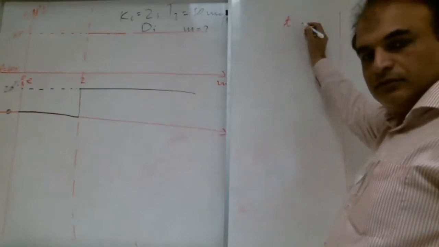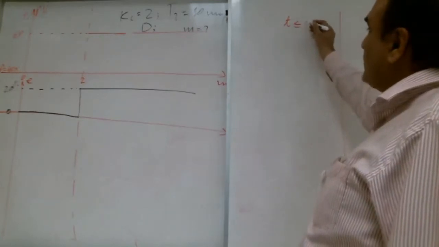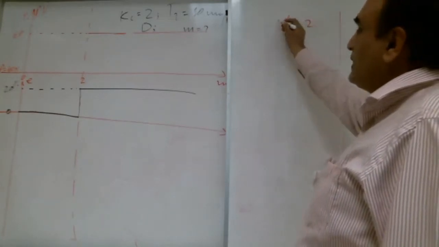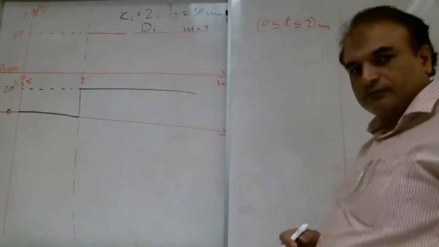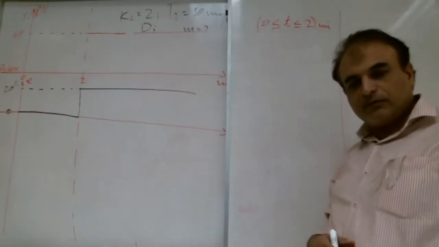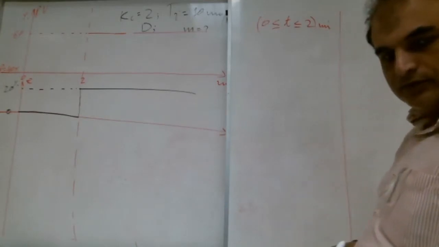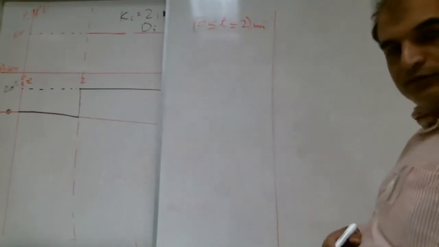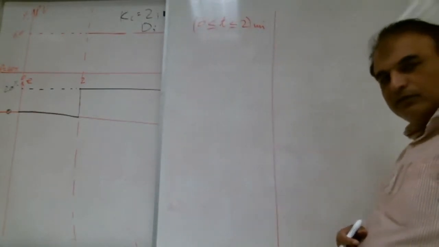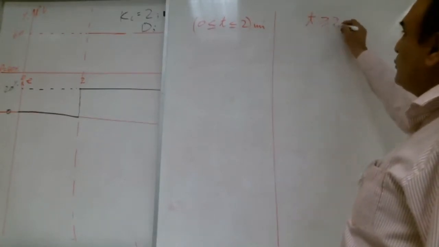Greater than or equal to 0 and less than or equal to 2 minutes. You are with me? And the second part is greater than or equal to 2 minutes.